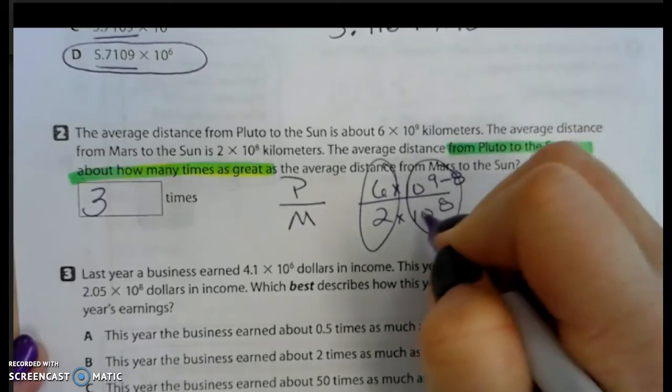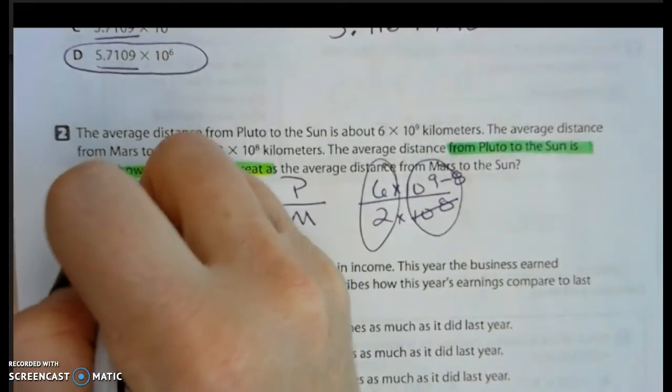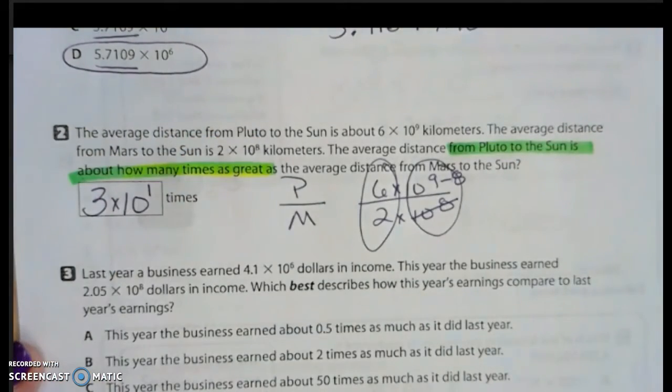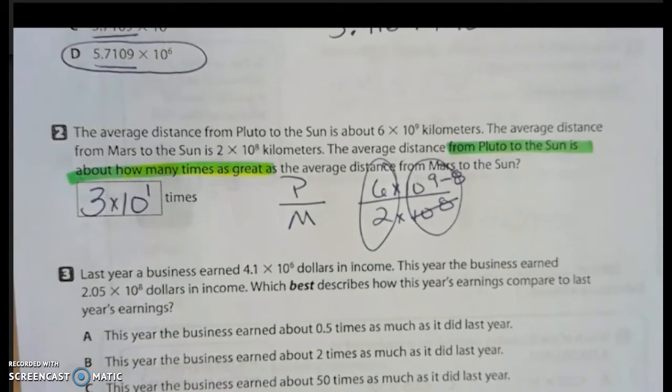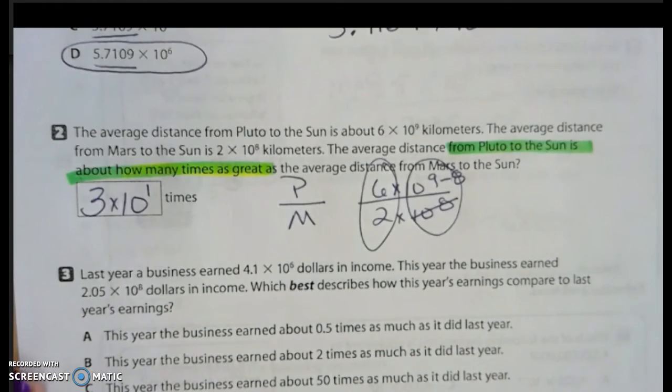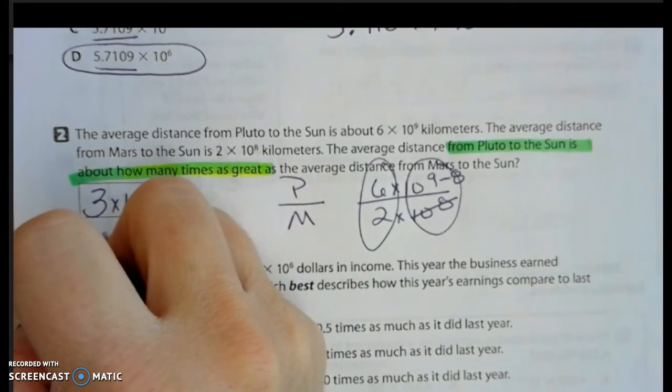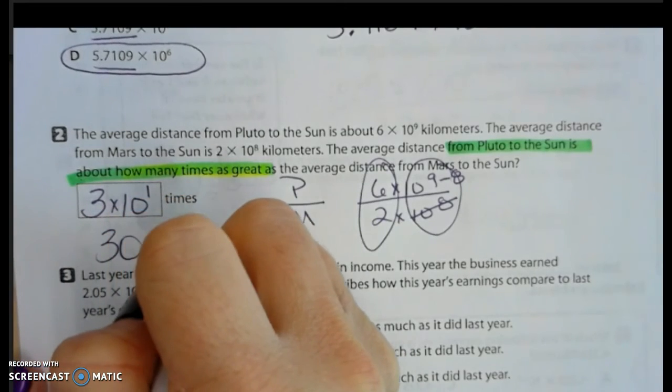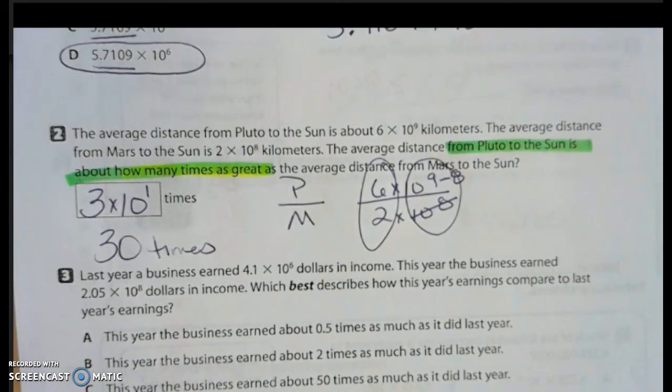We're going to subtract using the quotient rule. Gives me 10 to the 1. So 3 times 10 to the 1 as far. They did not specify how they wanted their answer. I'm leaving it in scientific notation because the question was in scientific notation. But if we're just curious and we want to know, in standard form, it would be 30 times.